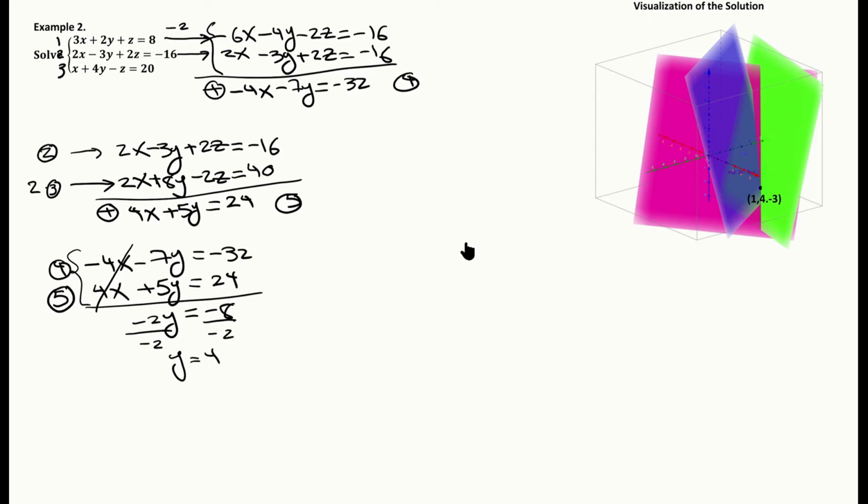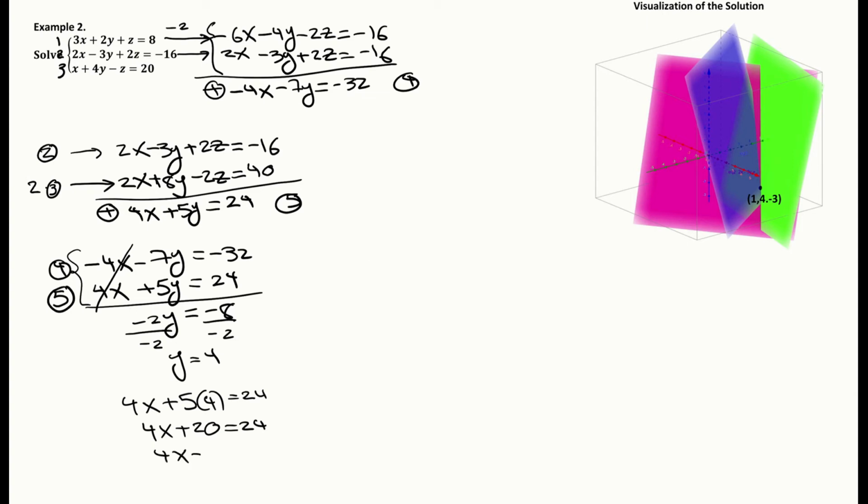So now we can take that 4 for y and plug it into either of these two equations. I'll just go with the second one. So we have 4x plus 5 times 4 equals 24. So we get 4x plus 20 equals 24.